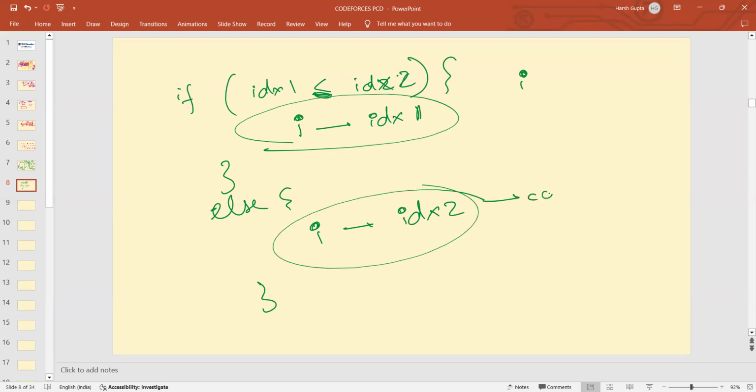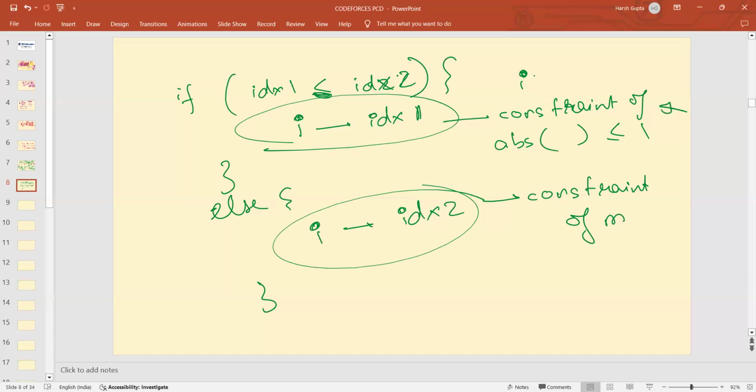This comes from the constraint of m, and this comes from the constraint of absolute value less than or equal to 1. So this one should be handled first and then this one, isn't it? So yeah, this was the logic behind this question.